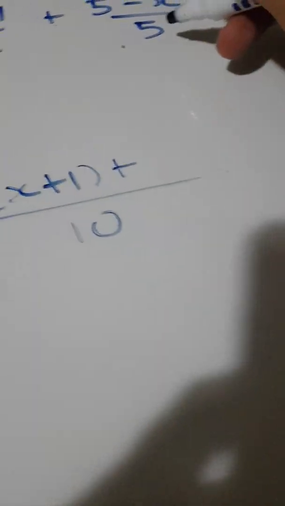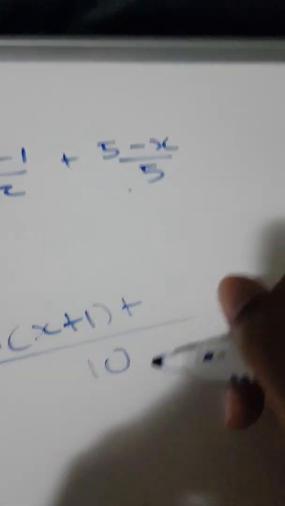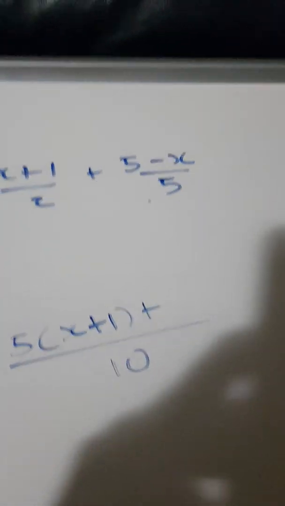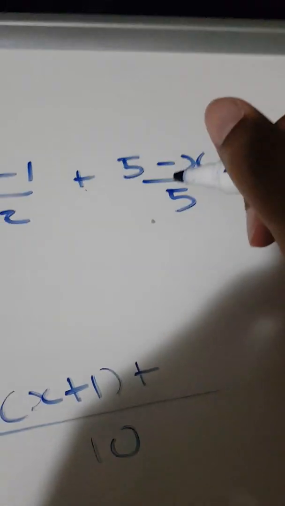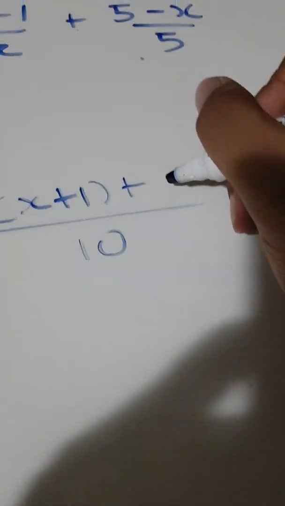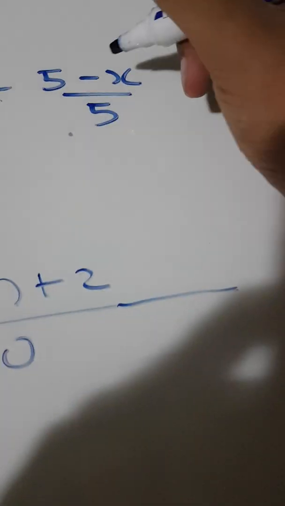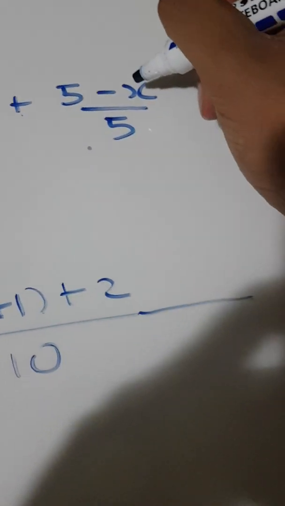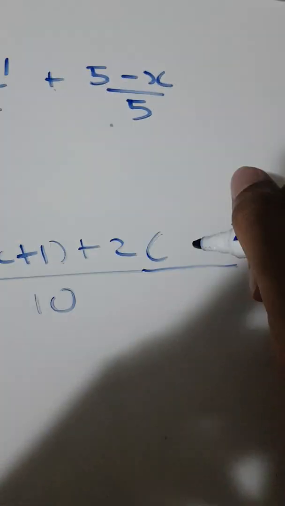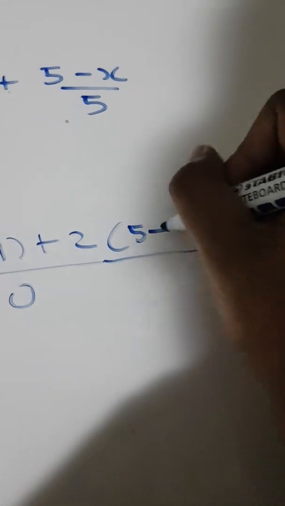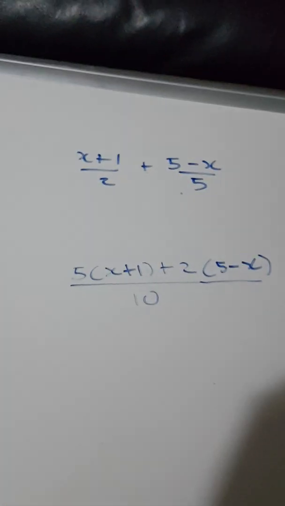Now how many times can 5 go into 10? 5 2s are 10. So this entire numerator has to be multiplied by 2, because 5 could go into 10 twice. So it will be 2, and to show that this entire numerator has to be multiplied by 2, in brackets we put 5 minus x.